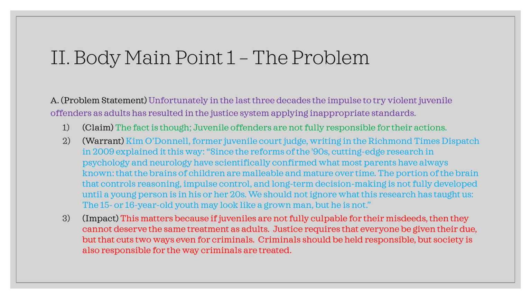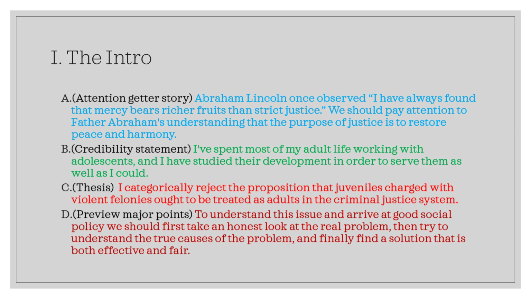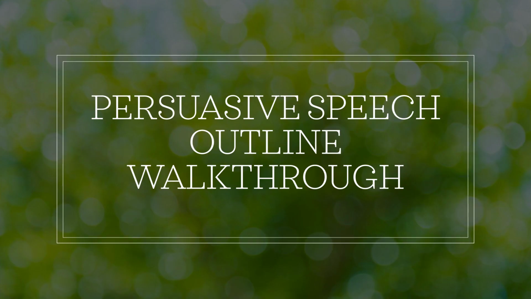So it's important that you understand that I'm really doing the minimum here. What the point is for this demonstration is to give you a walkthrough of how to put the outline together so that you know what each of those parts should look like.